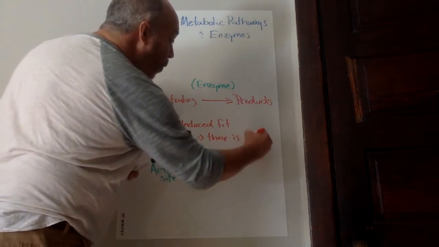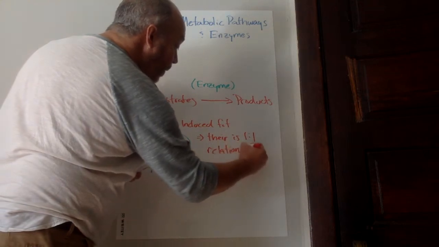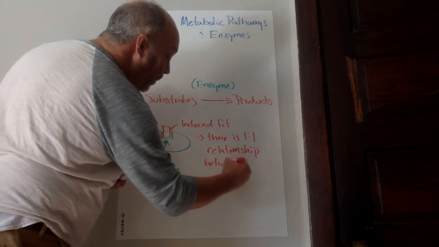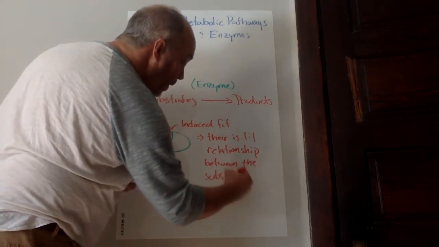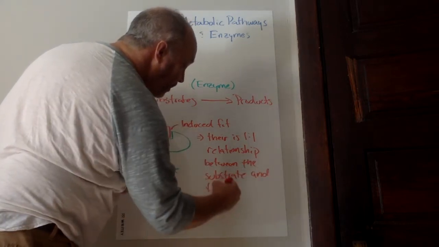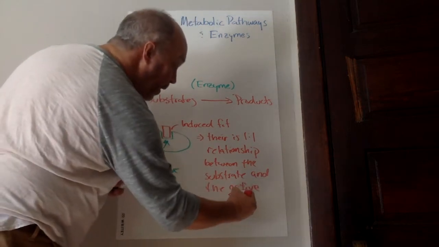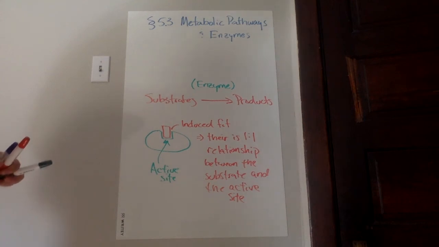It means there is a one-to-one relationship between the substrate and the active site. And this is how substrates find the right enzyme to go to.